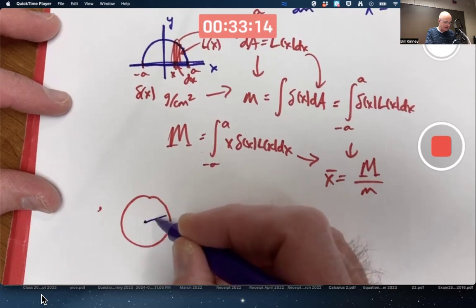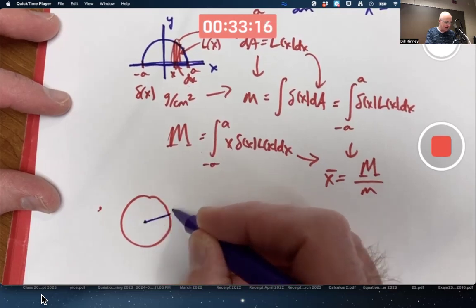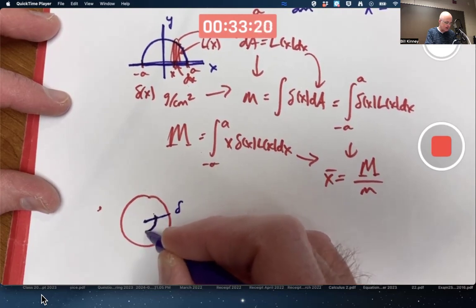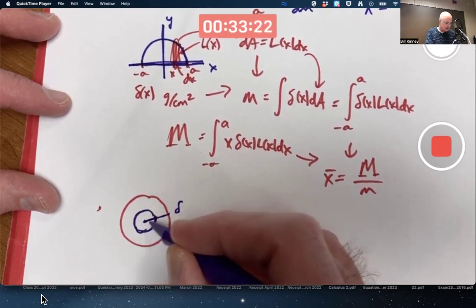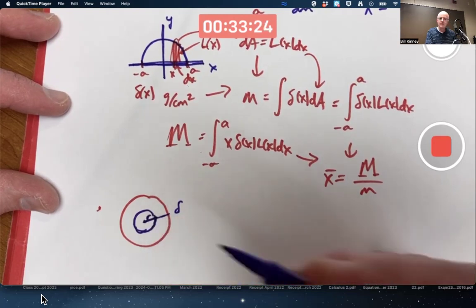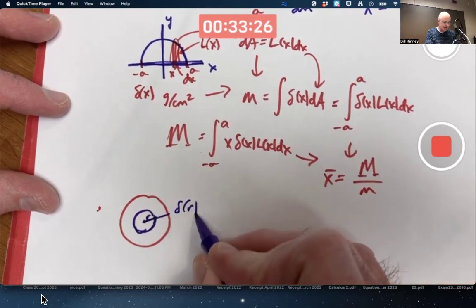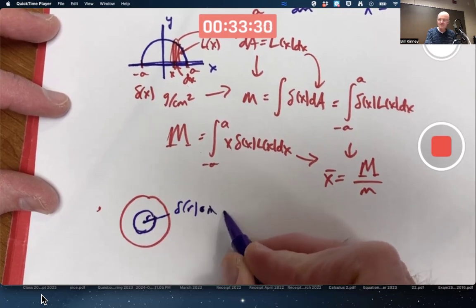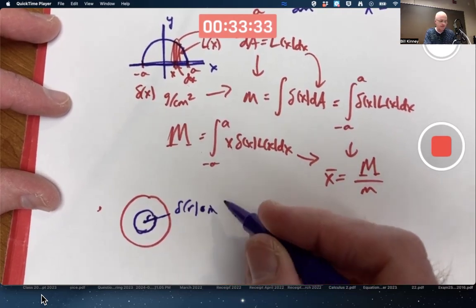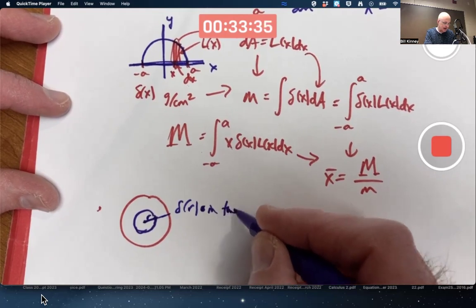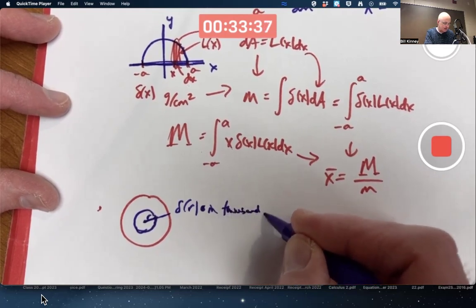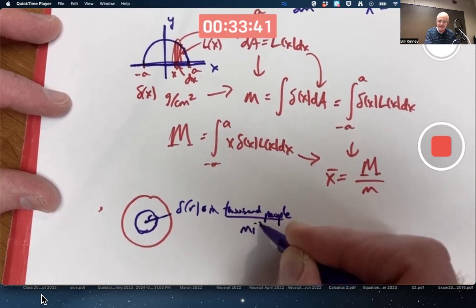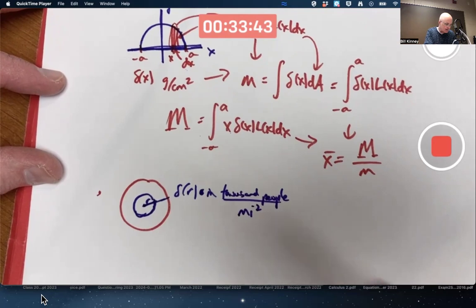And the density, the area density, depended on the distance from the center of the circle. Call it R. Delta of R was the density in, say, 1,000 people per square mile or something like that.